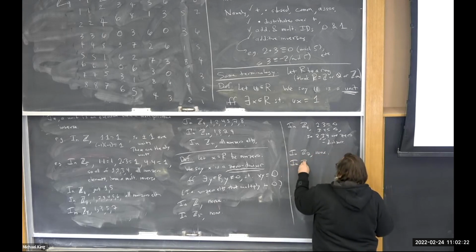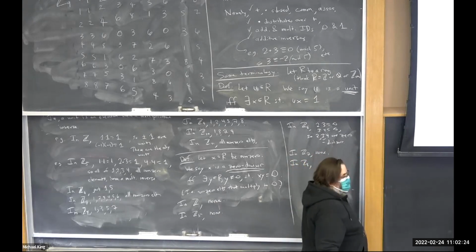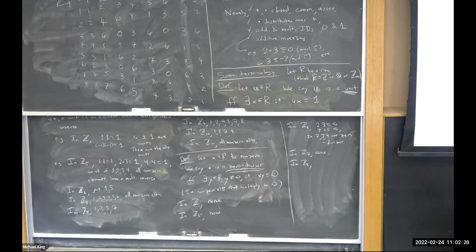In Z8, what are the zero divisors? Okay, you see where we're going with this. 2, 4, and 6 are the zero divisors. So in Z8, it's 2, 4, and 6.